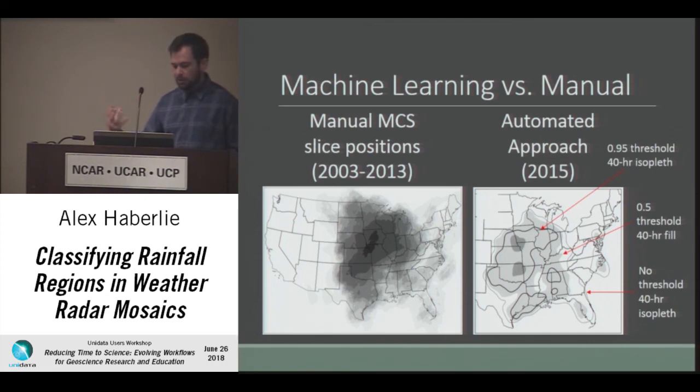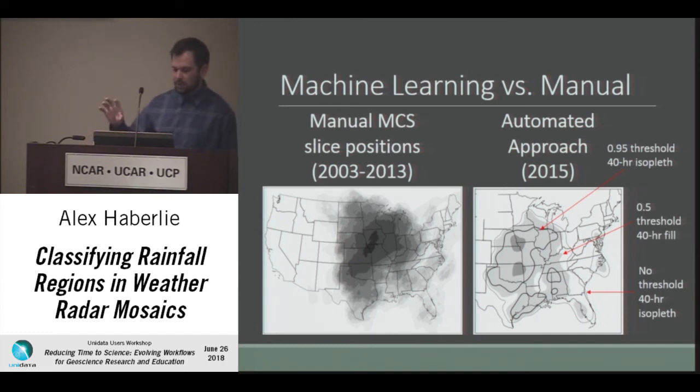The no threshold is just saying if you run the tracking on all of the cases that meet the segmentation process, where is that 40-hour isopleth? The fill is if you ratchet that up to a 0.5 probability of MCS threshold. This is the basic threshold that people use for classification, either above 50 or less than 50.